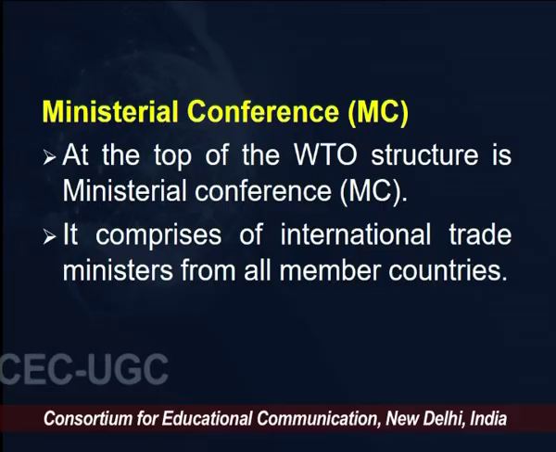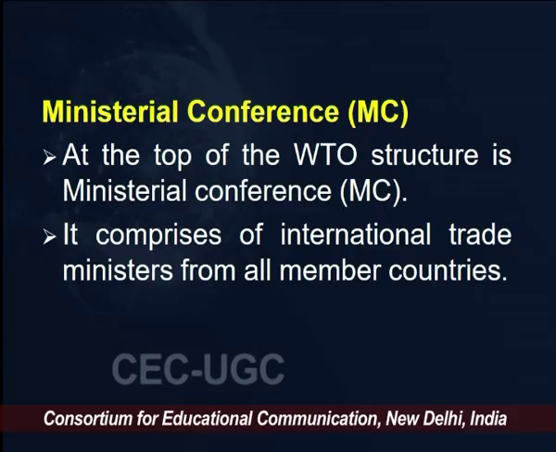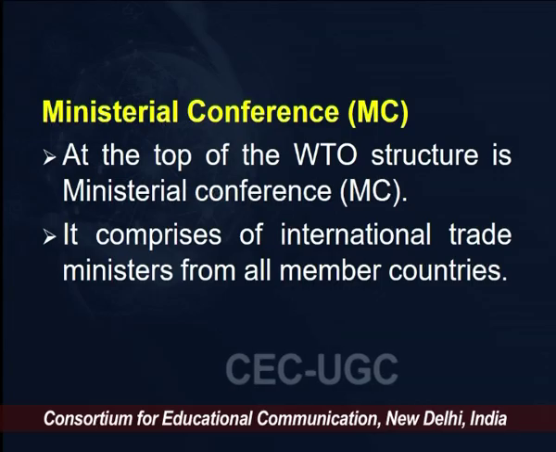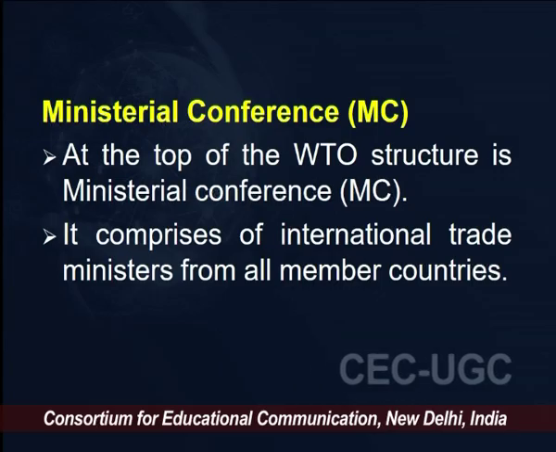So, first is the Ministerial Conference. At the top of the WTO structure is the Ministerial Conference. It comprises international trade ministers from all member countries. So, if we say that 166 member countries are there, then the international trade minister of each one of them will be a member of the Ministerial Conference.